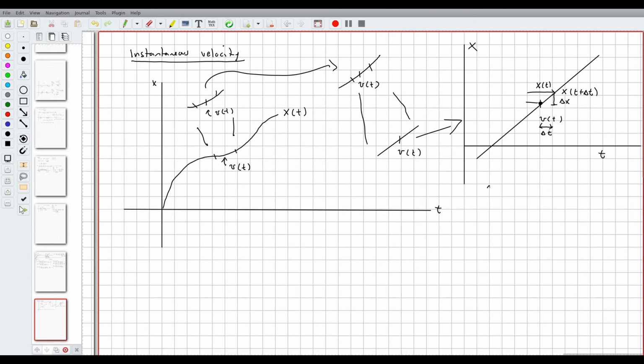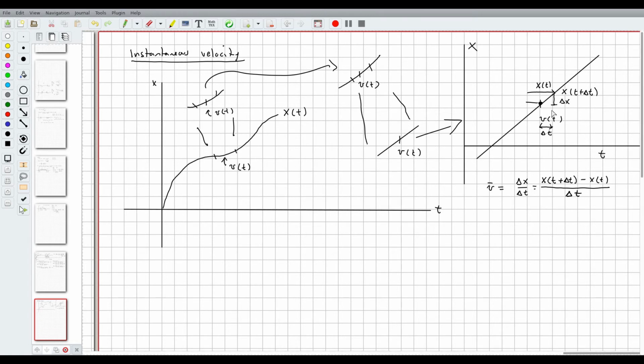So our average velocity between these 2 points would be, again, delta x over delta t, where our final position is just a little bit into the future, our initial position was there, and this is our elapsed time.